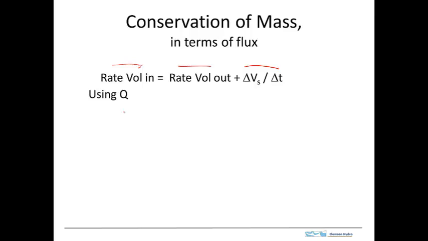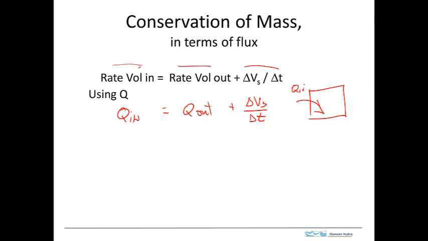So I'm going to write this like so. And here's the control volume. So I've got some Q in and some Q out and some volume stored in here that's changing.